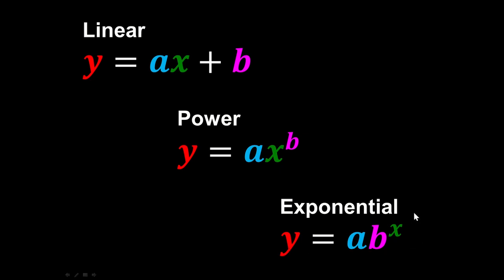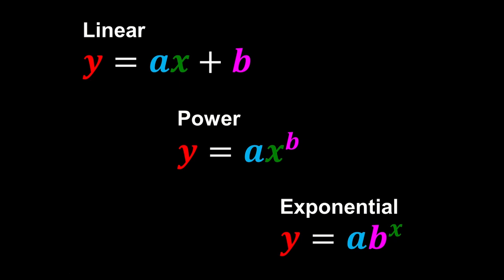So processes like population growth or radioactive decay often follow this relationship here, where the variable would be time, and that would be exponential growth.